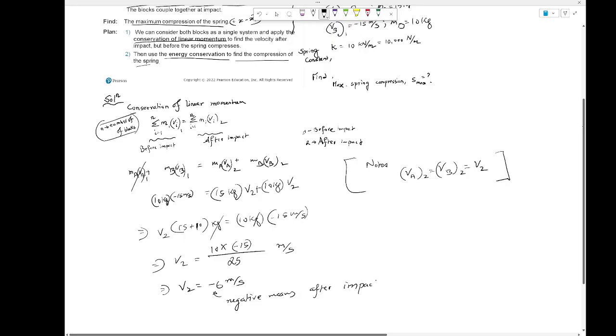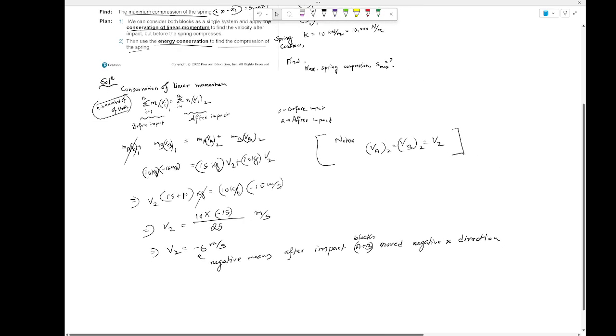After impact, A plus B moved, blocks, you can say blocks, A plus B moved in negative X direction, right? And again, this notes is for your understanding if you have issue of understanding.